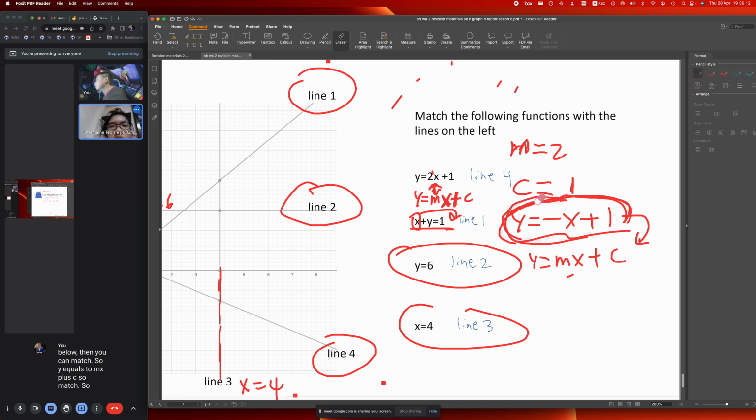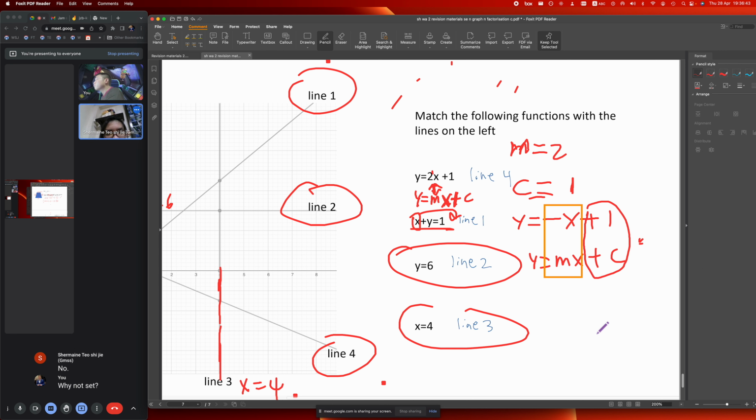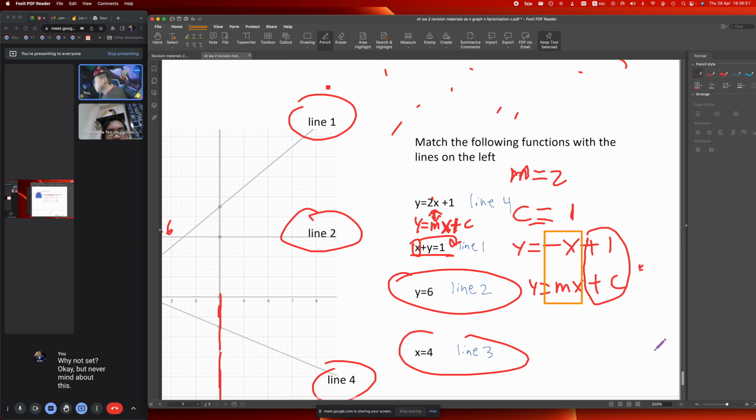So what's your gradient? What's the c, the y-intercept? Okay, but never mind about this.